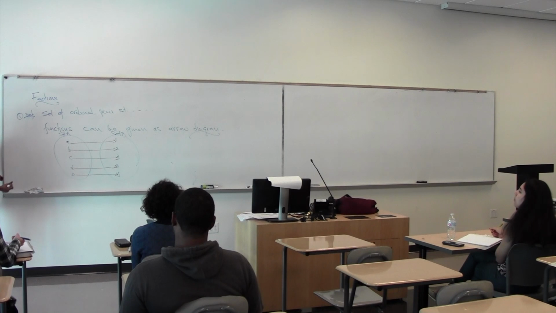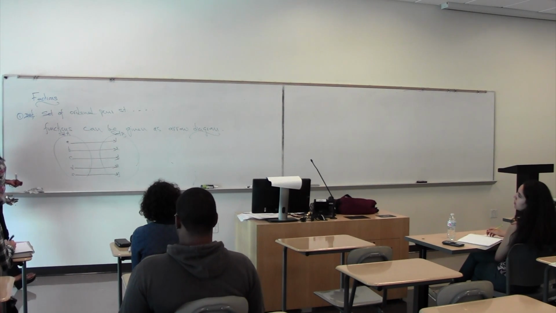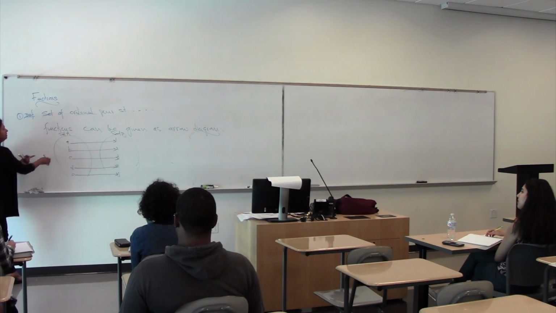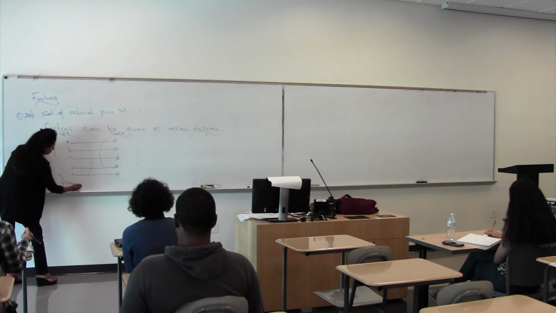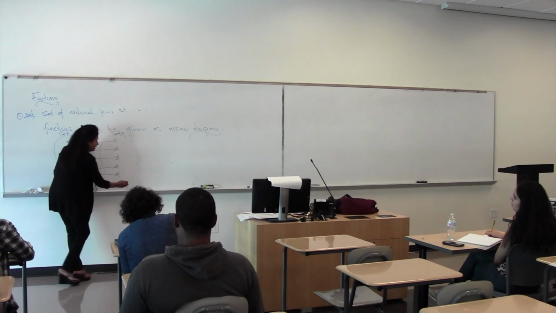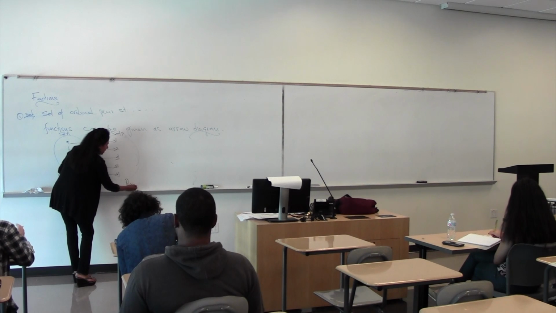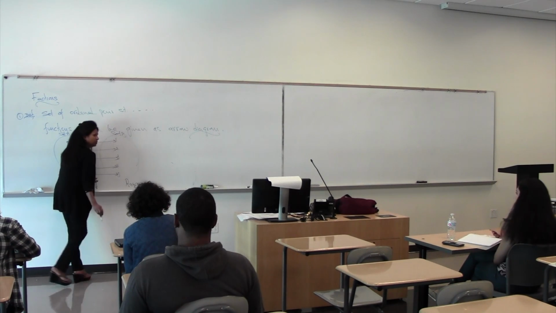It's a mapping from set A to set B. So whenever we have a mapping, that means it is giving us a set of ordered pairs, right? Where the mapping is starting is called the domain, and where it's mapped to is called the range, okay?